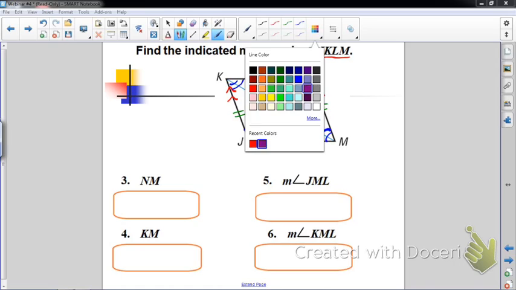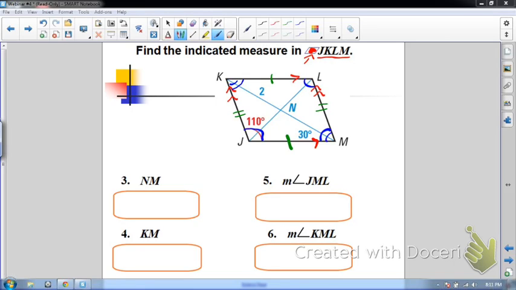I'll put it in purple. I know that KN, because remember N is the bisection, will be congruent to NM, and JN will then be congruent to NL. Congruency means they're the same.